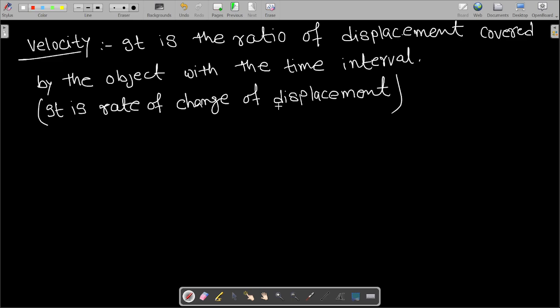Here also you mark the word displacement, otherwise you are going to make a very big blunder in your numericals. When you are going to solve the numericals in kinematics, you will get confused about displacement and distance. So please mark the word displacement. When there is a velocity, then there will be a change in displacement. Okay, so mark the word.